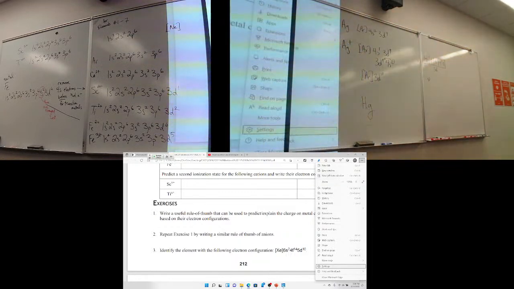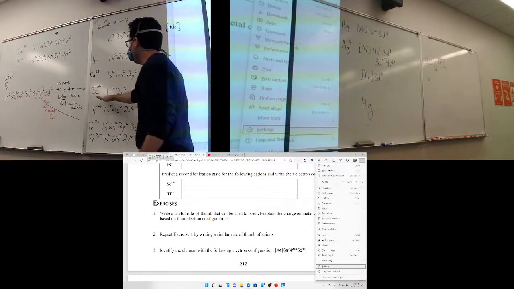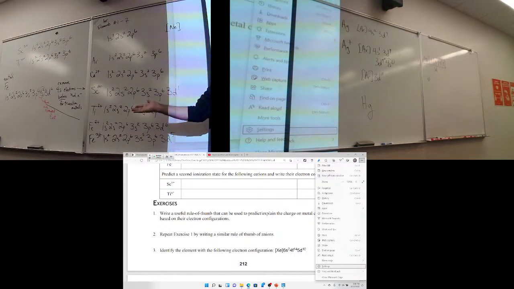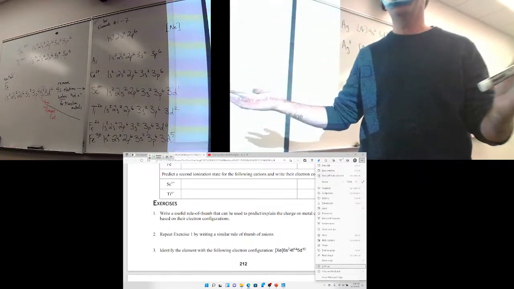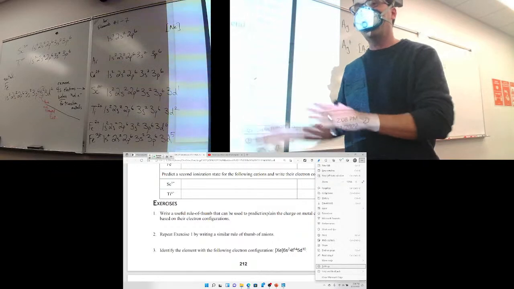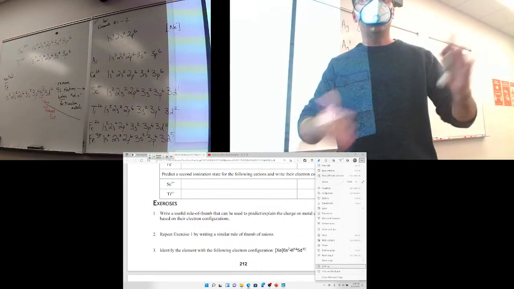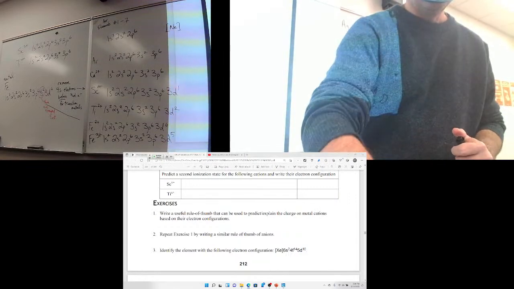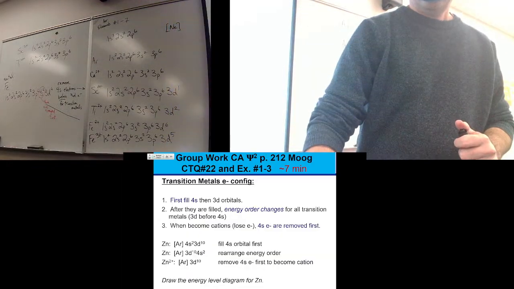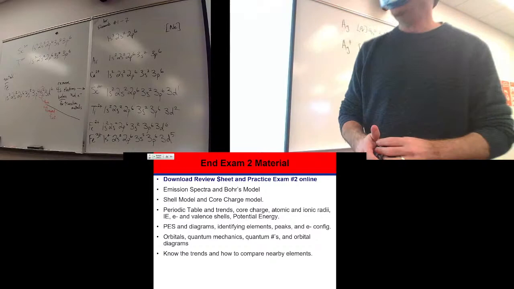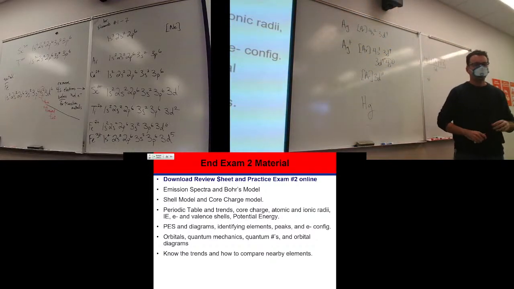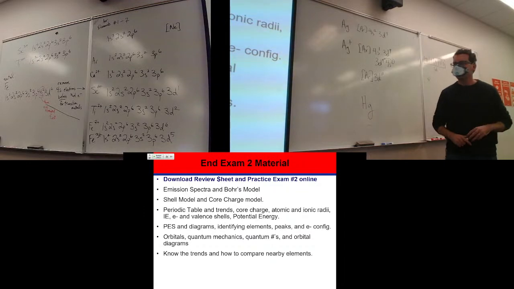But in general, for a transition metal, those electrons will come out of the 4s subshell first. You have to know that. So when I ask you to write the electron configuration of a transition metal ion, you should be able to write it. Okay? So that's it for exam 2 stuff. All right. Beyond this, there's no more.